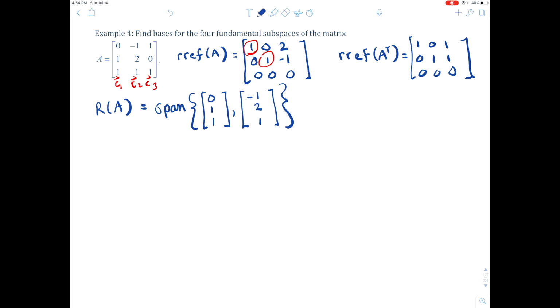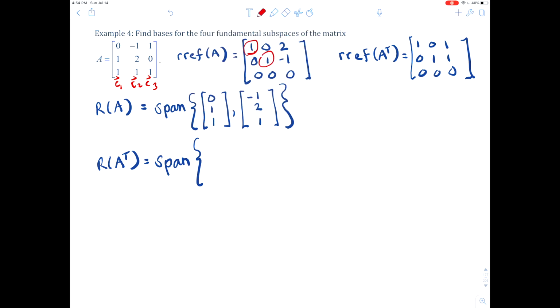Cool so far? All right, very good. The column space of A transpose would be our R of A transpose. And so that would be what? Good. We'd have the span of, well, where are the pivots?